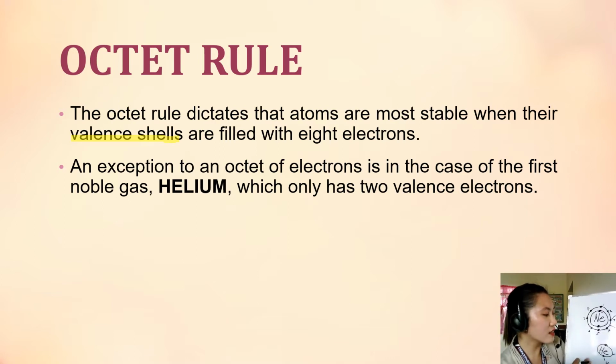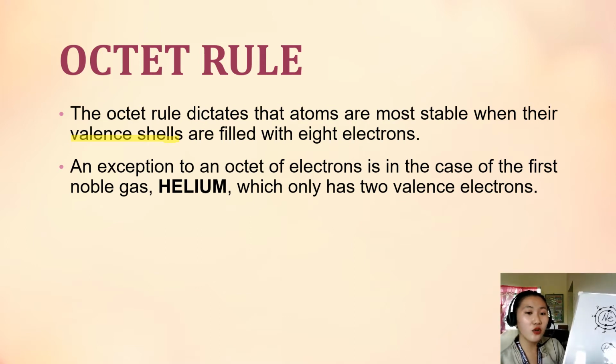Kahit na 2 lang yung kanyang electrons, at 1 yung kanyang shell, it doesn't mean na hindi niya na-fulfill yung octet rule. Siya yung exemption kasi kahit 2 lang yung kanyang valence electron, na-fulfill pa rin niya yung kanyang octet rule. So, this is a stable element pa rin.